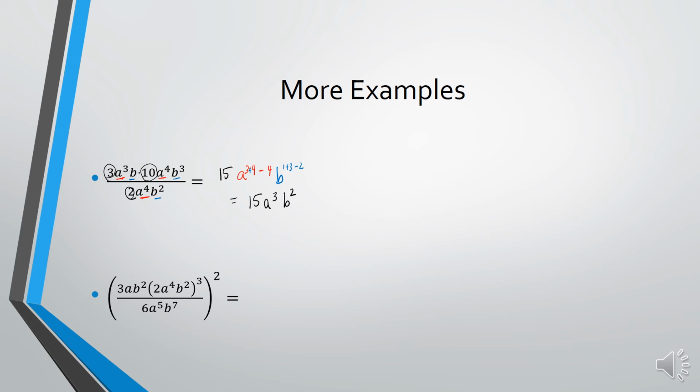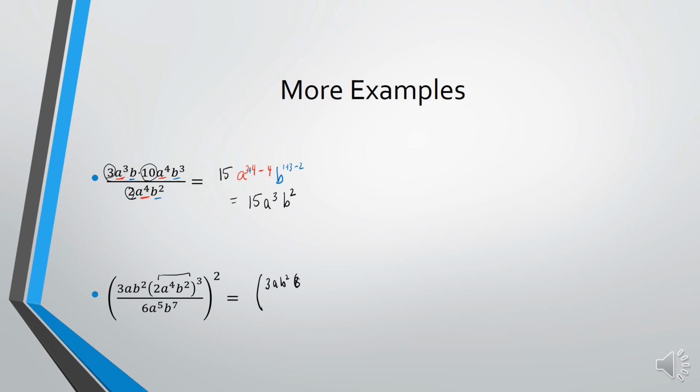And now let's come down to the second problem. We're going to have some parentheses to deal with before we do anything else. So I'm going to deal with this set of parentheses first. Everything in that problem is being cubed, so I need to distribute first. So we'll have 3ab squared. And then 2 cubed is 8.